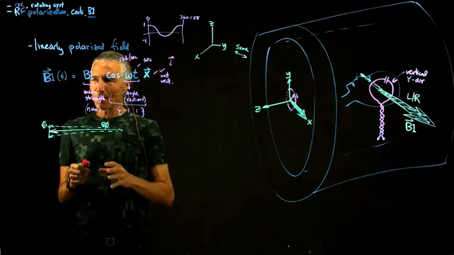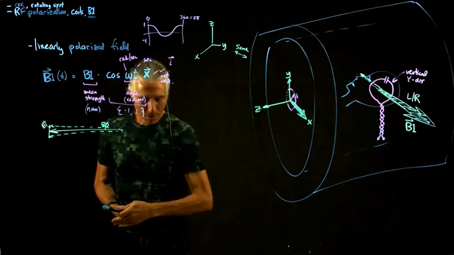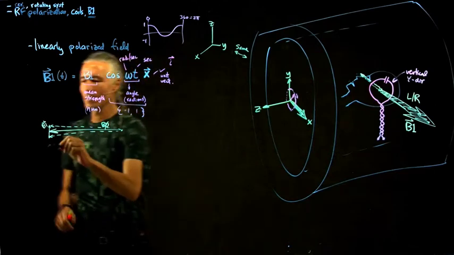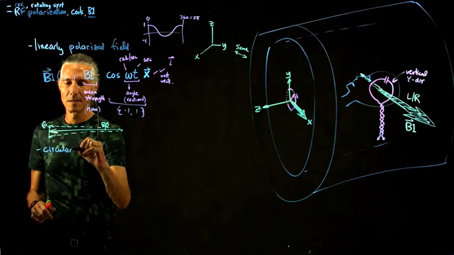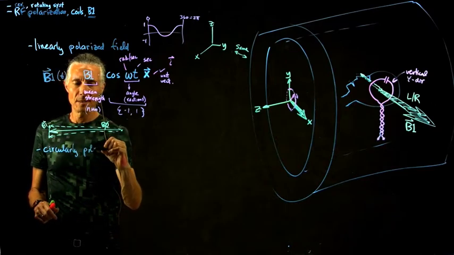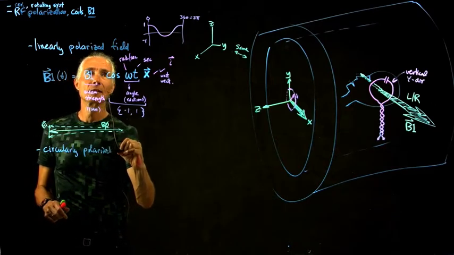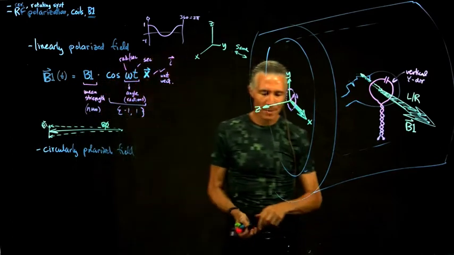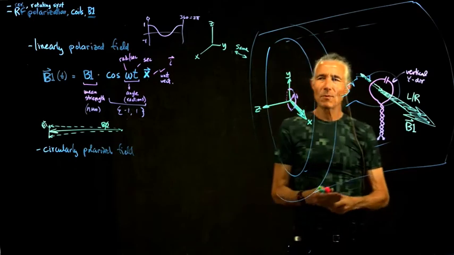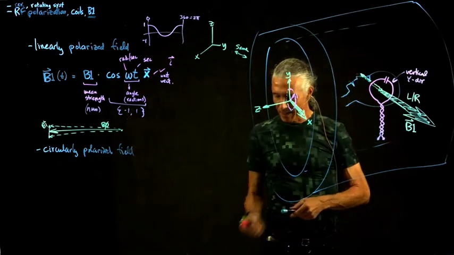But a lot of times what we want to do is use a circularly polarized field. So how do we do that? To do this, we need a combination. One straightforward way is just to add another coil.